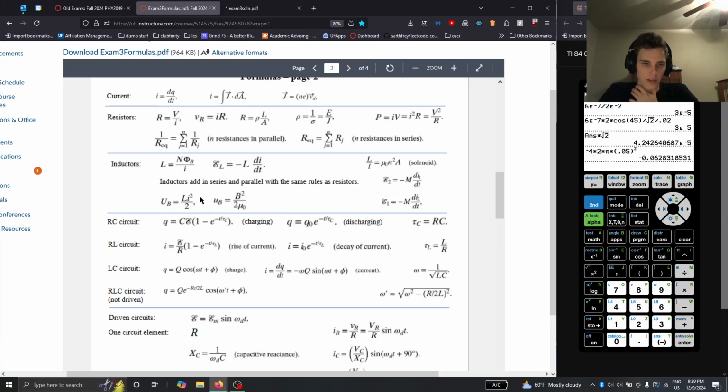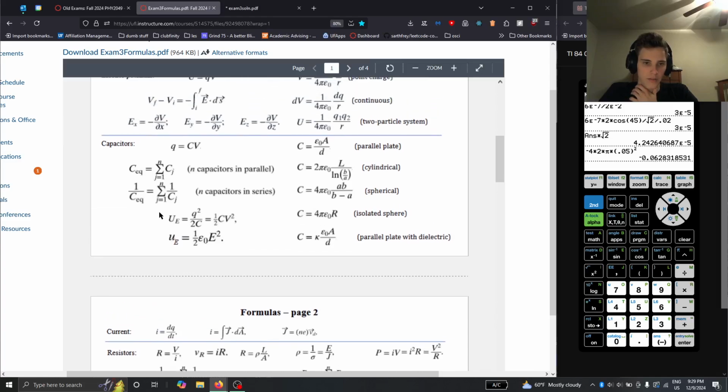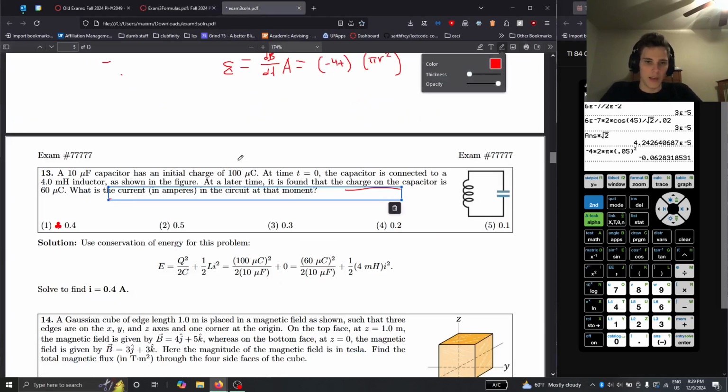This inductor has a very simple energy formula. A capacitor, very simple energy formula. Because ultimately this is a closed system, right? All the energy starts in the capacitor and it'll oscillate between the two, but it's always going to be the same total value. This isn't like an RLC circuit where stuff dissipates. It's just going to go back and forth.